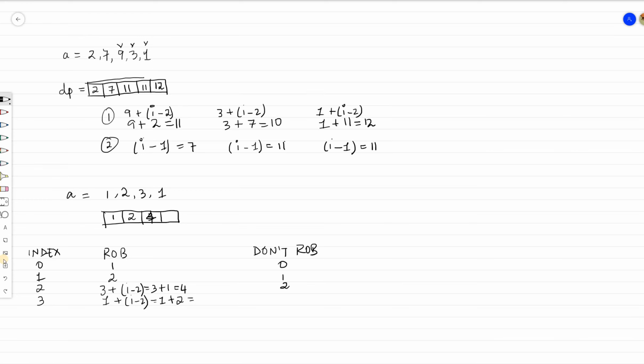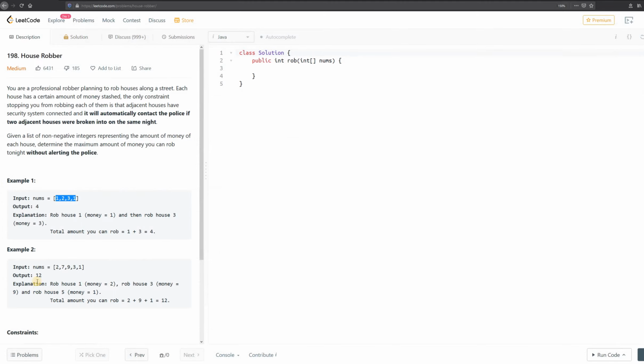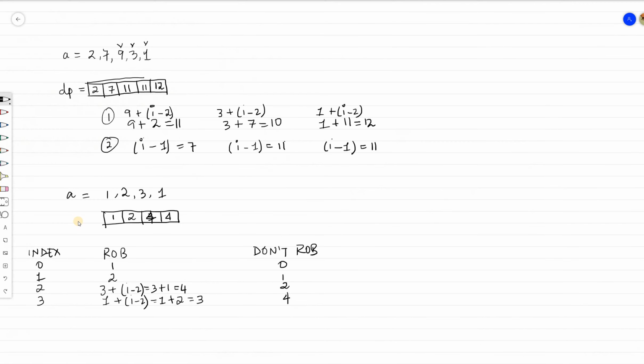So the value that I can get is 4, and this is the value I can get if I rob this house. And if I don't rob this house, I look at the previous index, so my value is 4. We will stick to 4 since it's the bigger of the two. So you see here that we have the output as 4.